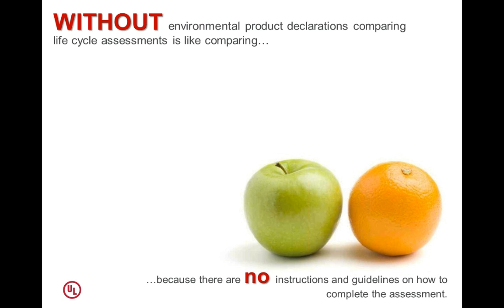Without PCRs, comparing life cycle assessment is kind of like comparing apples and oranges. You can have different scopes, you can have different boundaries to your LCA, different data requirements, and it's really because there are no instructions or guidelines set on how to actually complete the assessment.